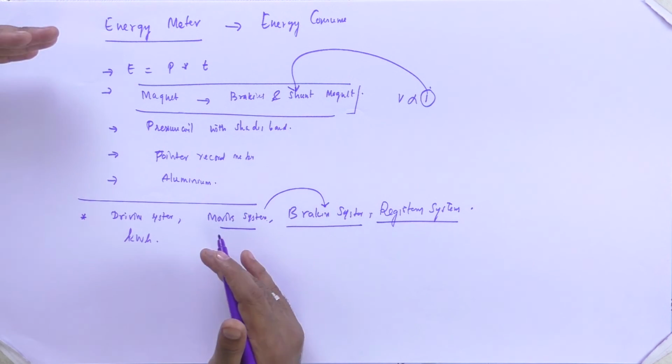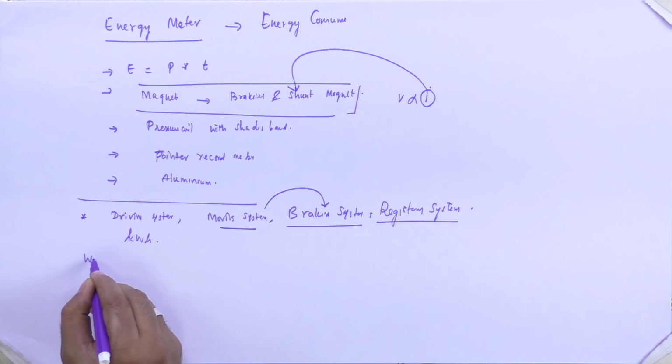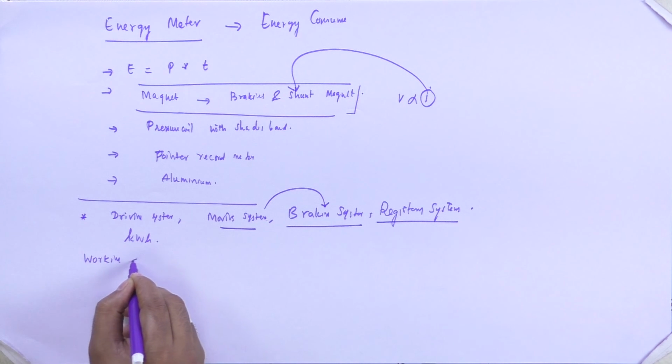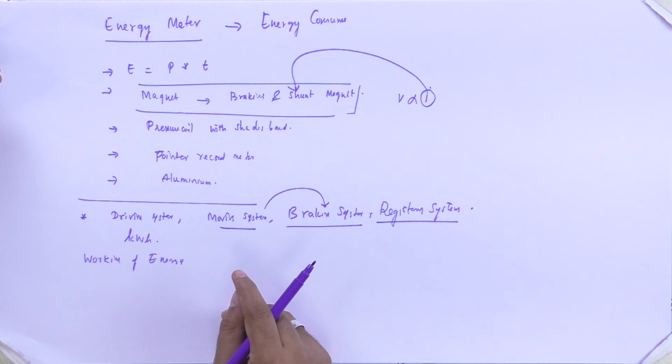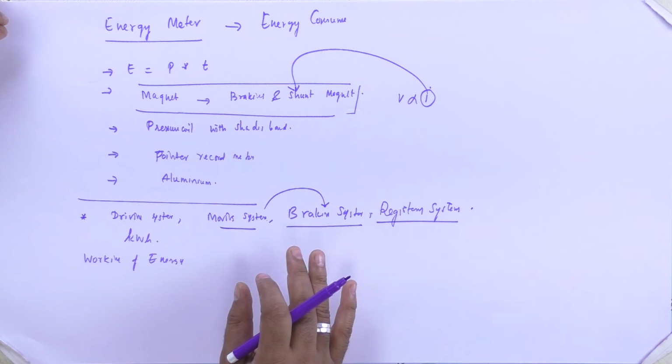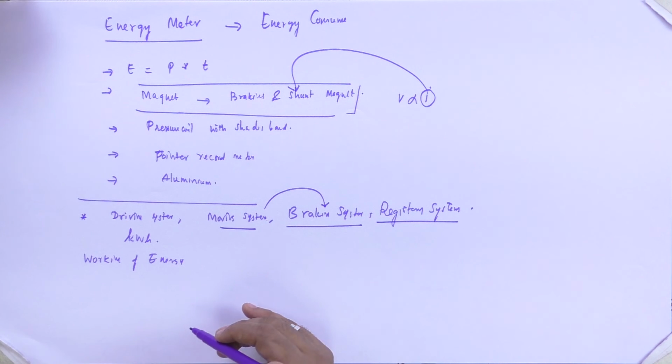Having discussed the construction of all these driving mechanisms, let me explain the working of the energy meter. As we discussed, the energy meter output shaft rotation is obtained on the aluminum disc, which determines the consumption of power. The disc is placed between the two magnets, one is the series magnet and the other is the shunt magnet.